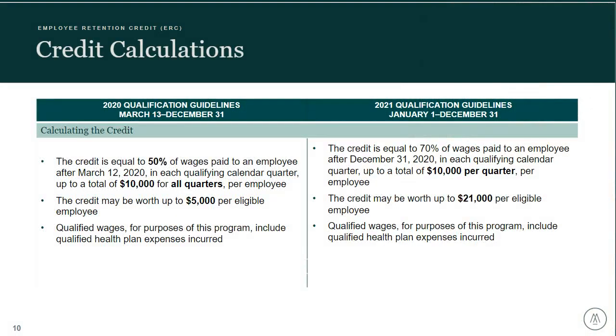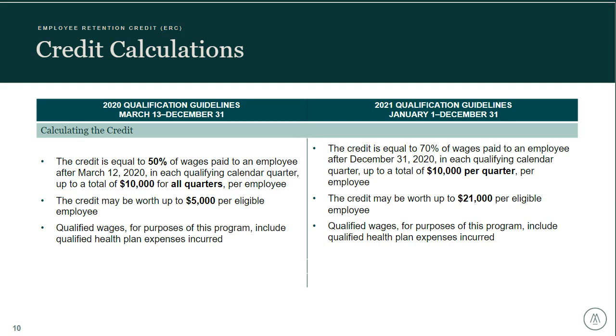And then this slide, once we've established eligibility and identified the qualified wages, the actual calculation of it is fairly straightforward. In 2020, it was 50% of those qualified wages that were paid. There is a maximum limit of $10,000 in qualified wages per employee, and that's for the whole year.